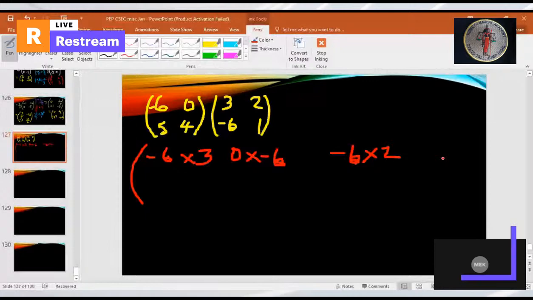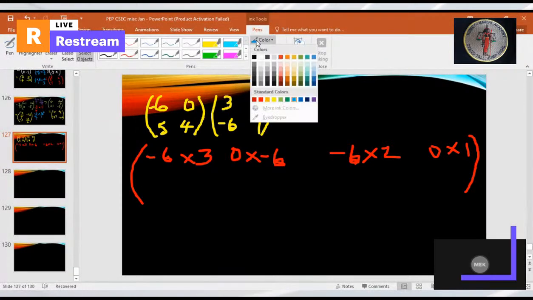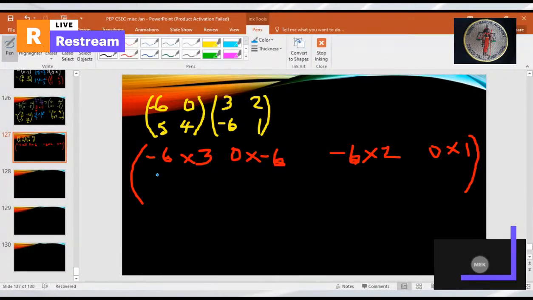So row by column, row by column. All right, first row, first column. Let's go to the second row. So let me use a different color for those. The second row will be 5 times 3 and 4 times negative 6.